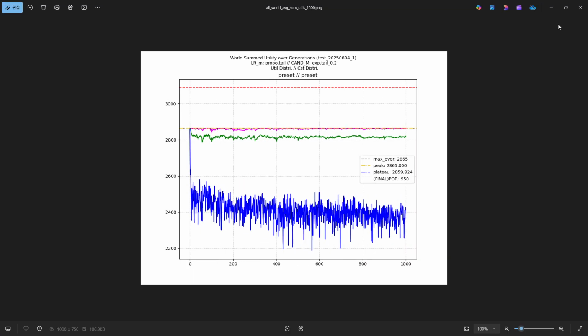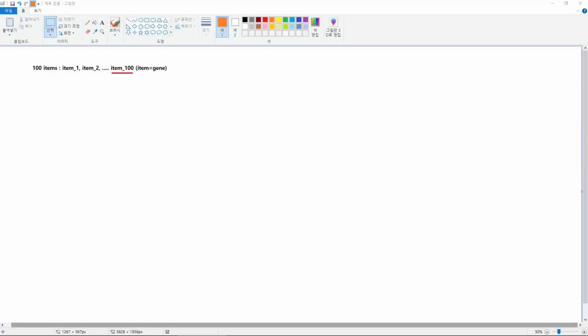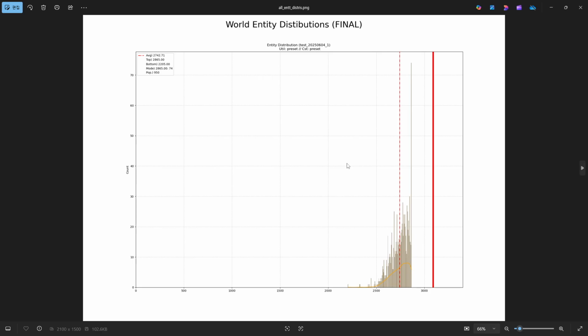So even the new evolution scheme does not guarantee that tail entities don't fall off quite dramatically, and as a result, this is what the distribution looked like.